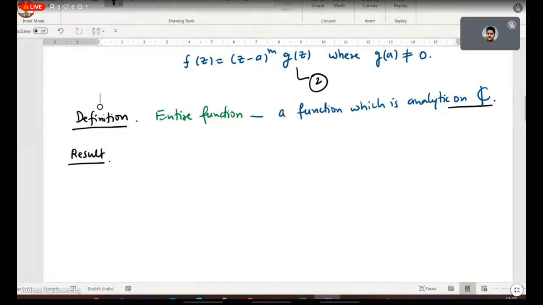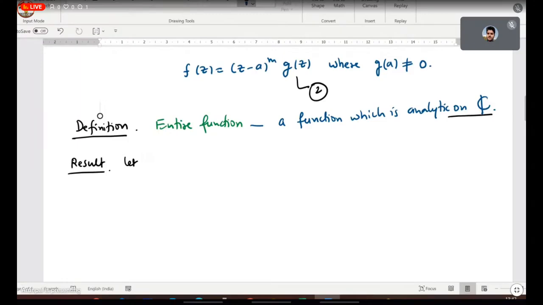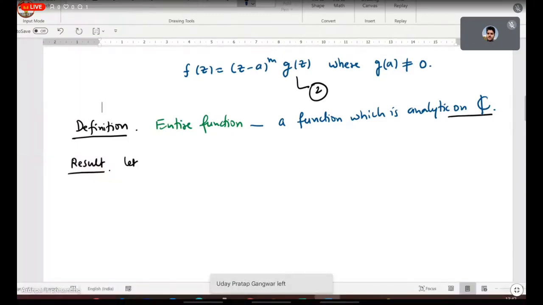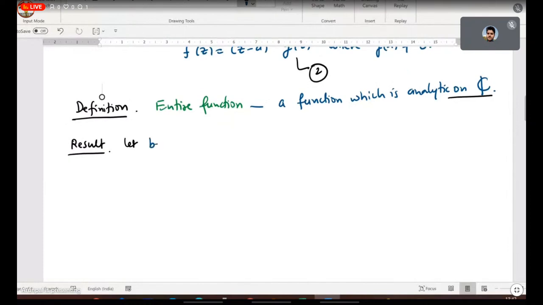So the result is this, class. Let f be an entire function.